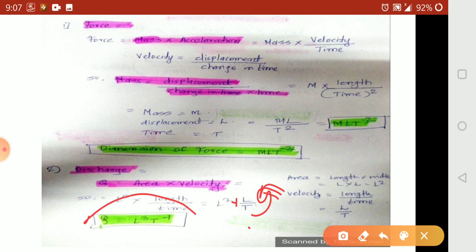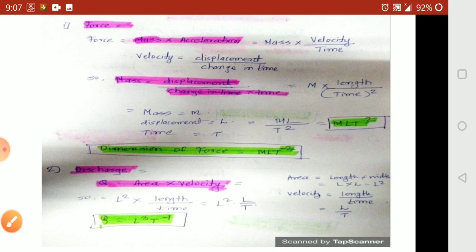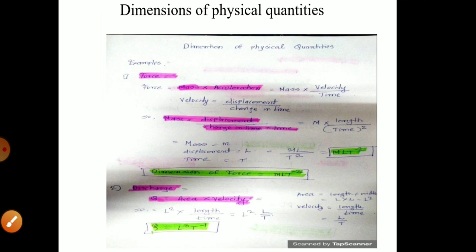So this is the dimension of the discharge. You have to understand, students, you have to read properly the dimensional analysis of every formula.